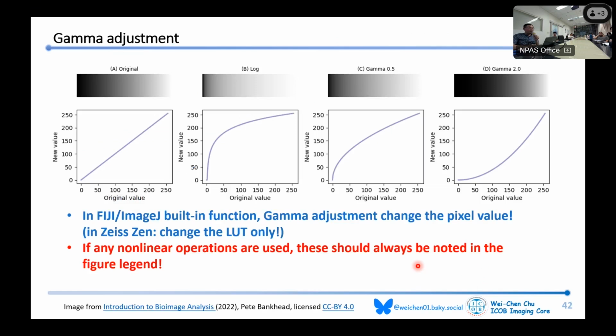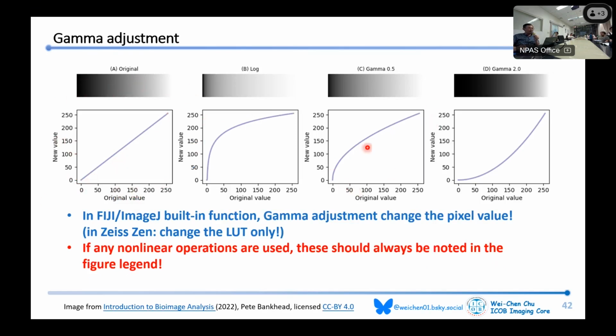Okay, gamma adjustment. Gamma adjustment is kind of a way to balance the bright part and the dim part. For example, this is the original image. This is the original lookup table.